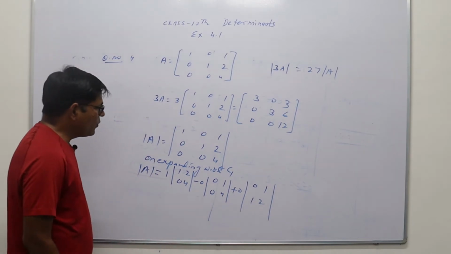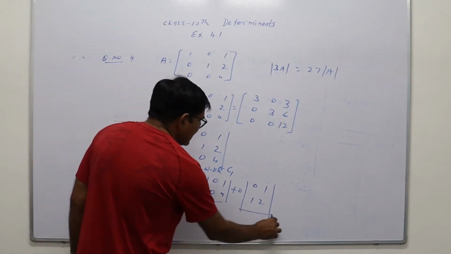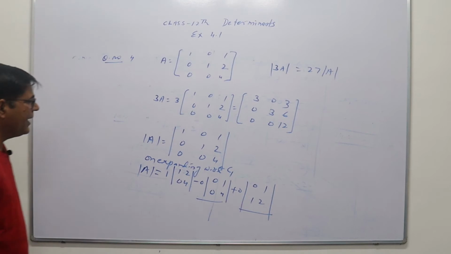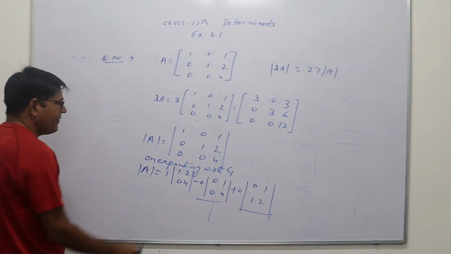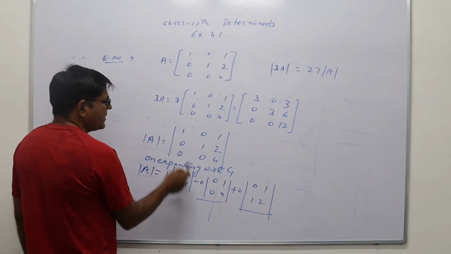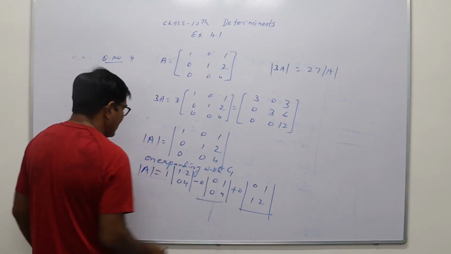Now these two values will directly be 0, I just explained how we expand. Otherwise, because these two elements are 0, the numerical value with respect to these elements will be 0.